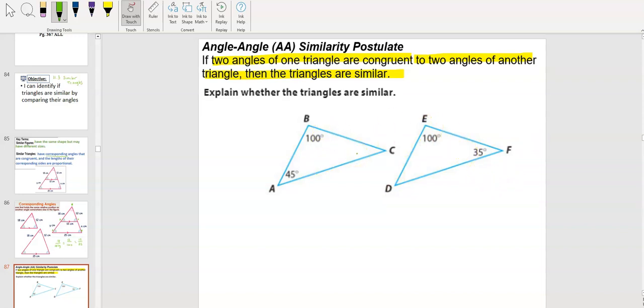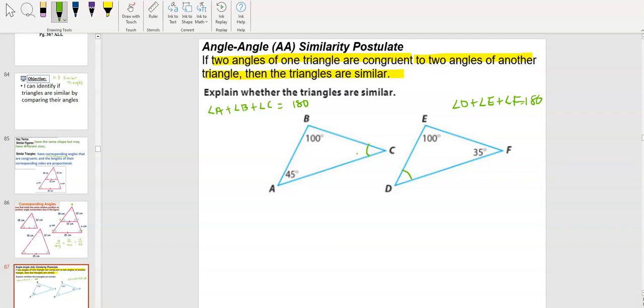then I can prove that these two triangles are similar. So we're going to go back and use our triangle sum theorem, knowing that the angle of A plus the angle of B plus the angle of C is going to be 180 degrees. So same over here. D plus E plus F is 180 degrees, and we are going to find these missing angles, okay?